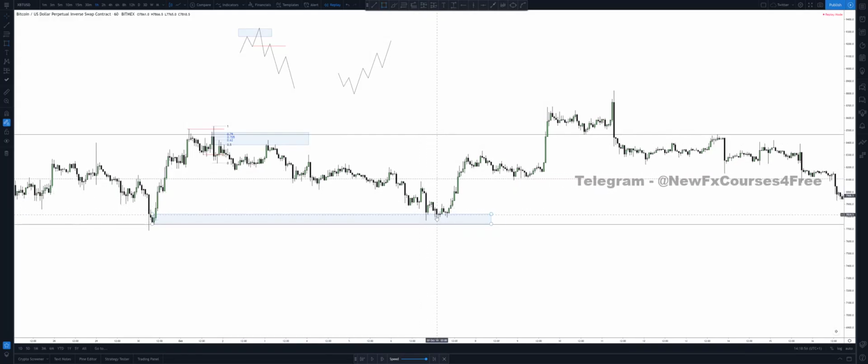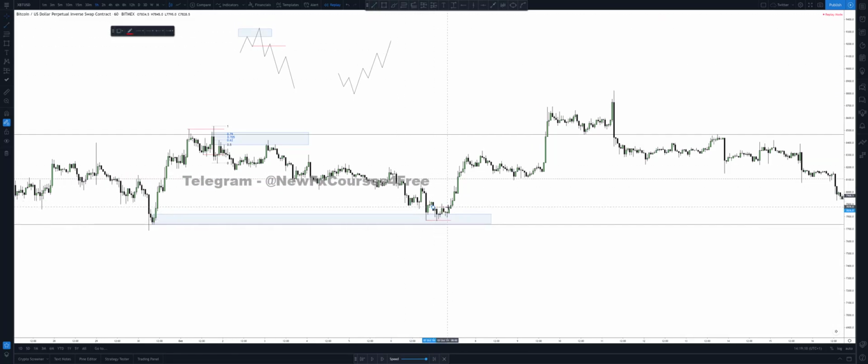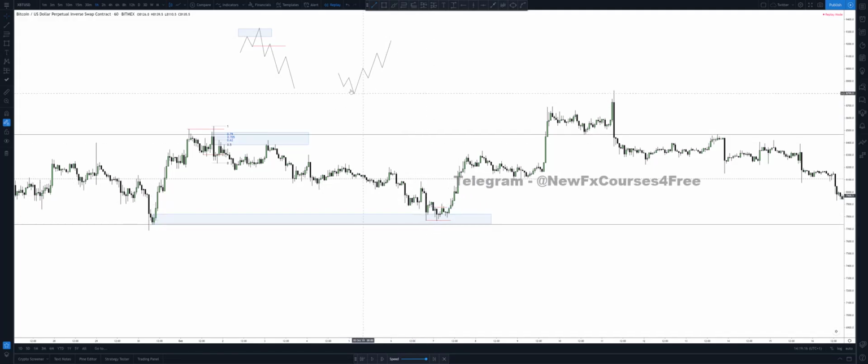So we wait for a sweep of a previous low and then a shift in structure. We have a low right here that's being swept, and then price breaks structure as soon as it pushes above this last high. This is the first down candle, and then we have a break of structure right here. So what do we do? We enter.